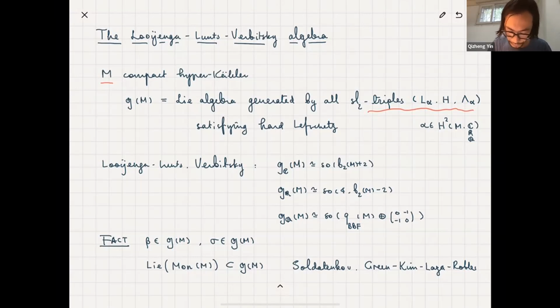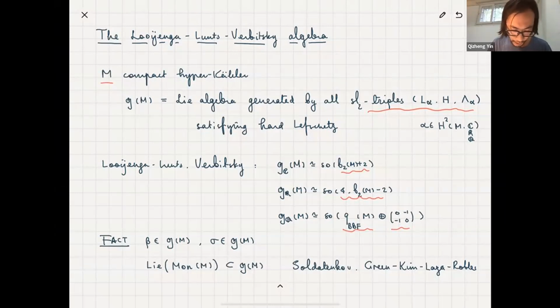With complex coefficients, this is the SO of the second Betti number plus 2, and with real coefficients, you arrive at the indefinite signature. With Q coefficients, you arrive at the SO of the Beauville-Bogomolov-Fujiki form, direct sum with the rank 2 lattice (0, -1; -1, 0). This is the Q form of this Lie algebra.